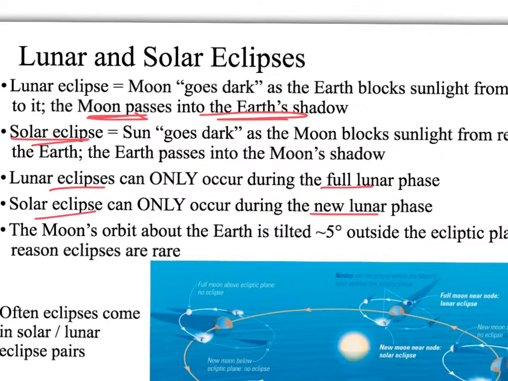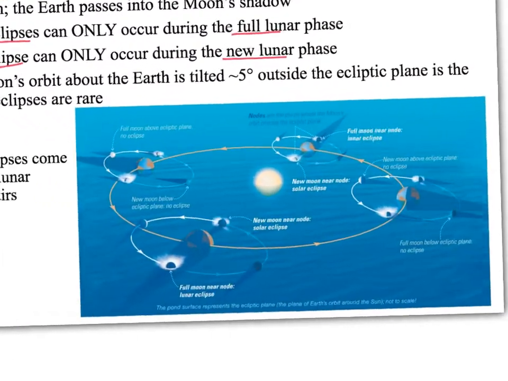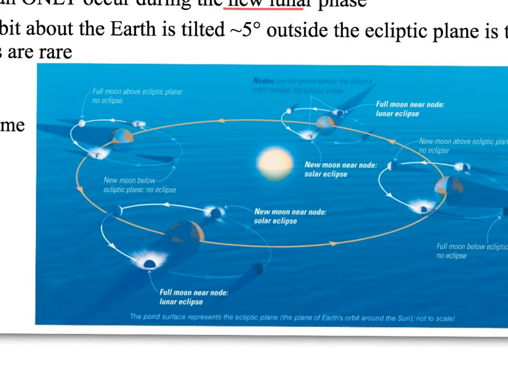Now, the reason we don't have eclipses more often is because, as you're looking at the Earth orbiting the sun, and here we show the moon orbiting the Earth, the plane that the moon orbits the Earth in is tilted 5 degrees outside of what we call the plane of the ecliptic.